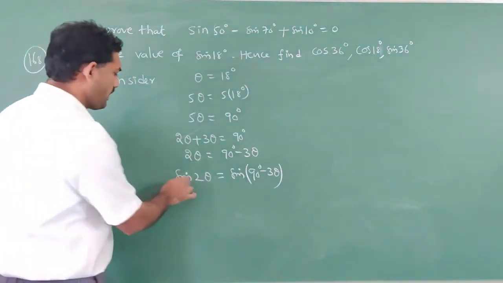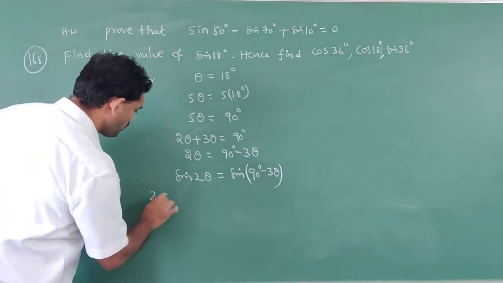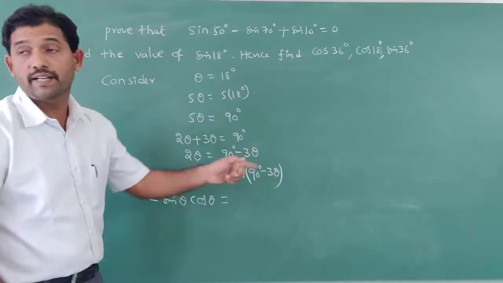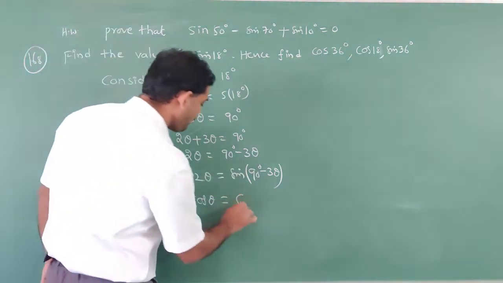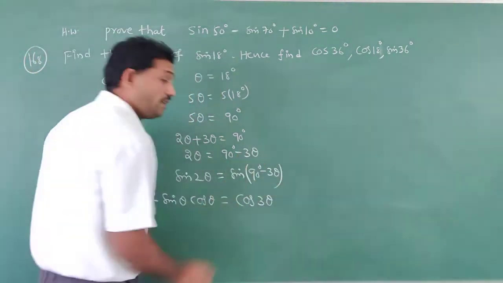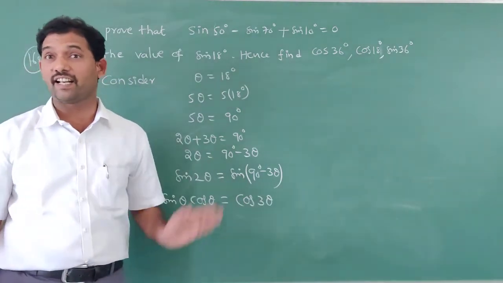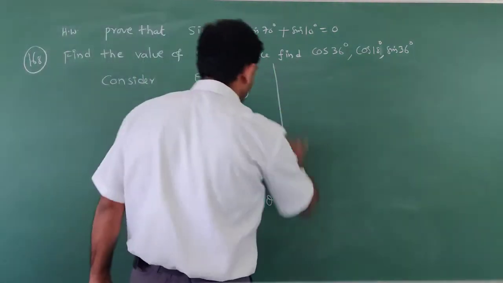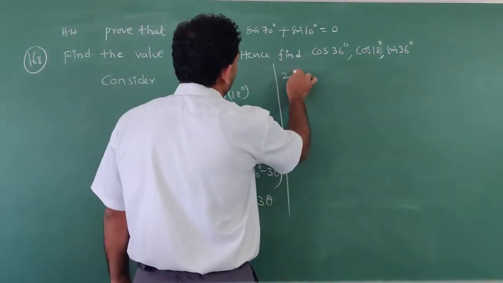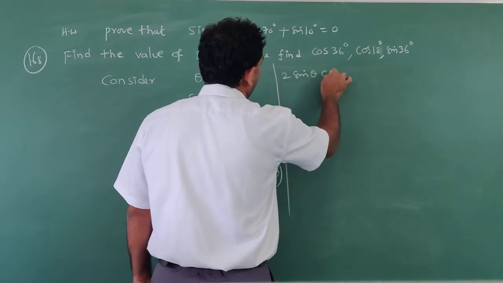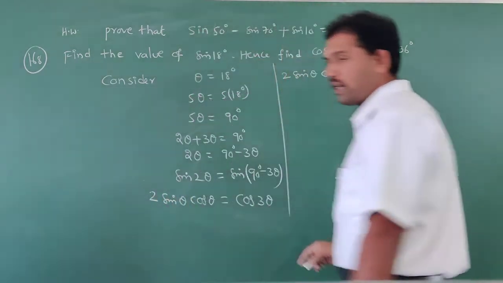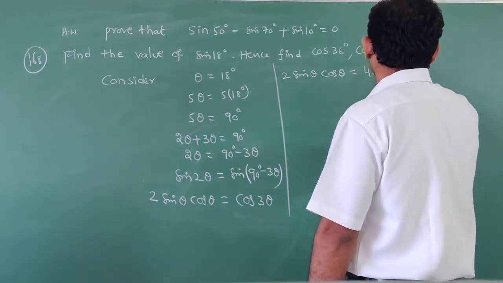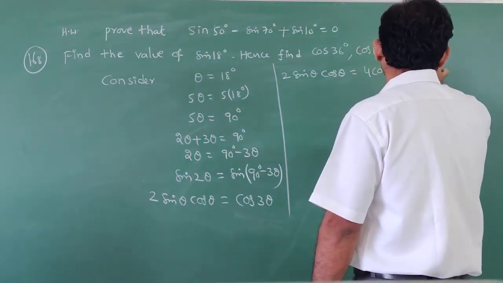After that, the sine 2 theta formula is 2 sin theta cos theta. Sine (90 minus 3 theta) is cos 3 theta. Now simplification: 2 sin theta cos theta equals, with the cos 3 theta formula, 4 cos cube theta minus 3 cos theta.